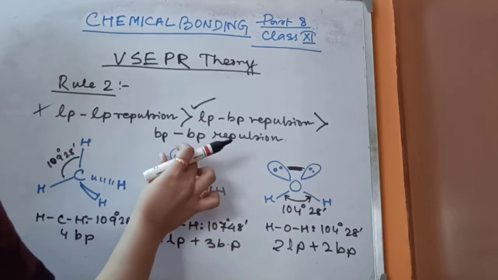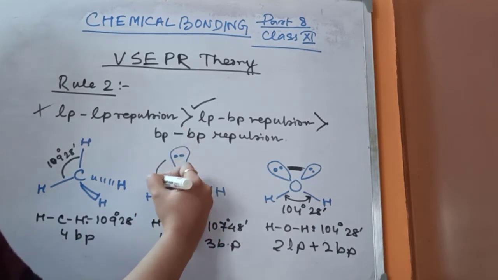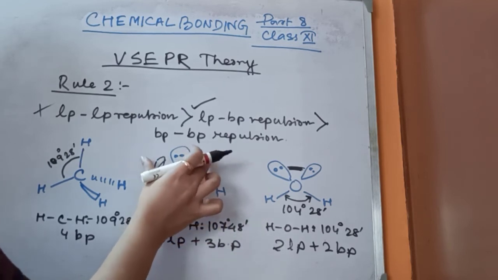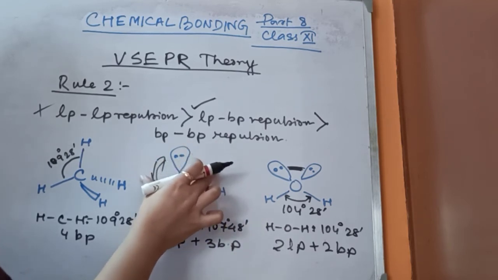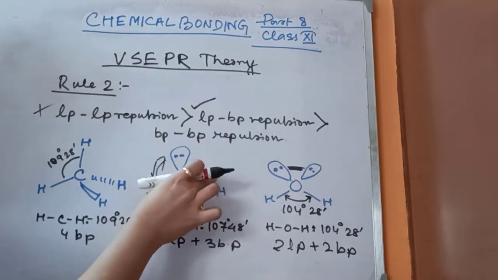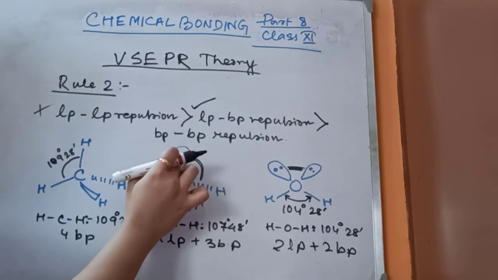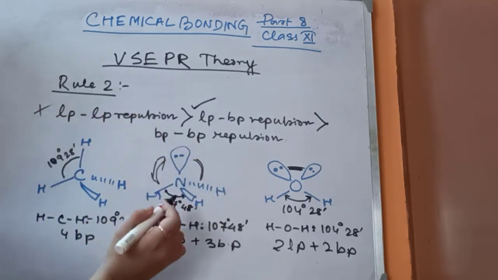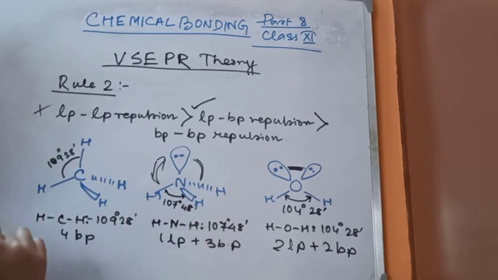So because of the lone pair bond pair repulsion, these bond angles will shrink like this, because they will move away from this lone pair. So the bond angle decreases.